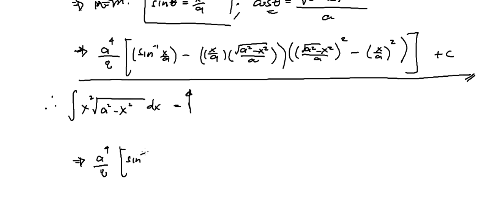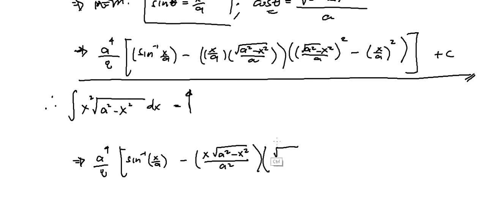So we have sine inverse x over a minus x square root of a squared minus x squared all over a squared, multiplied by the square root; we can cancel this out, since the square root squared is just a squared minus x squared all over a squared minus x squared all over a squared, then plus c.